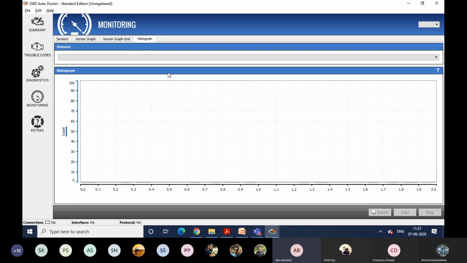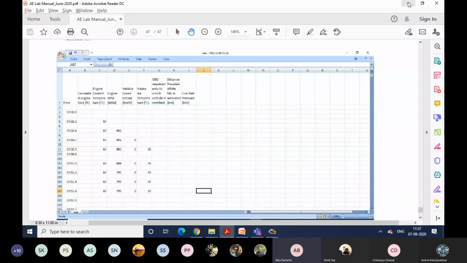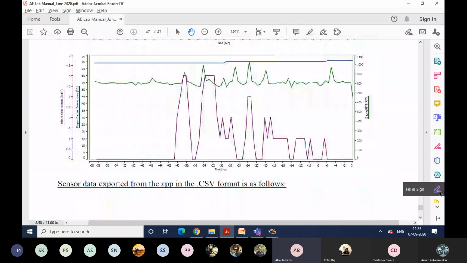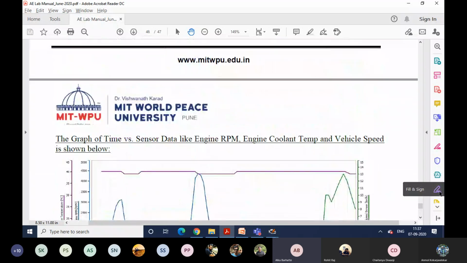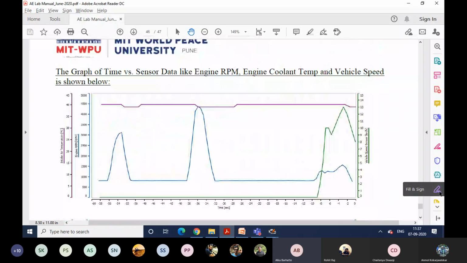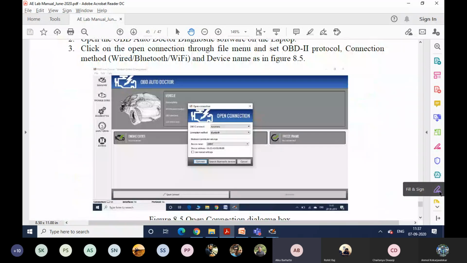So you can have live readings of your sensors, and analysis of those values is possible using this OBD Auto Doctor or similar types of software. Few snapshots are already included in this write-up.